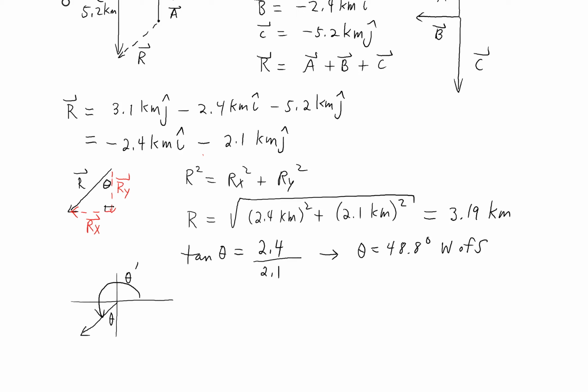So if you look at this picture, theta is 48.8, but this angle, let me draw it in red, this angle phi is going to be 90 minus 48.8, which is equal to 41.2 degrees. And therefore theta prime, which is the angle relative to the x-axis, will be 180 degrees plus 41.2 degrees. So that'll be 221 degrees.